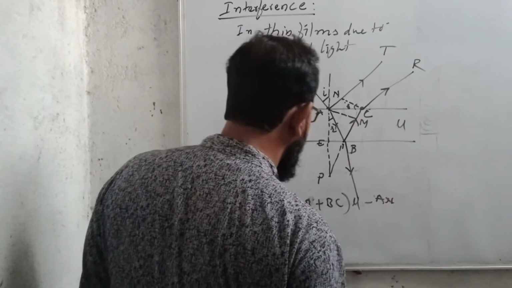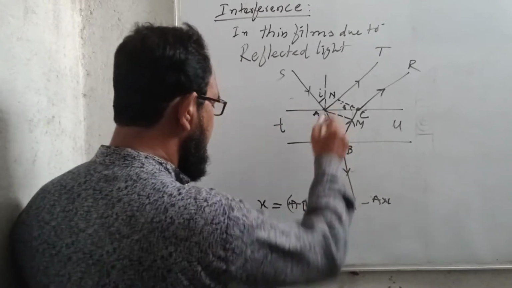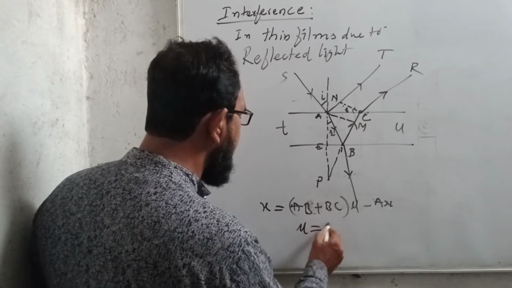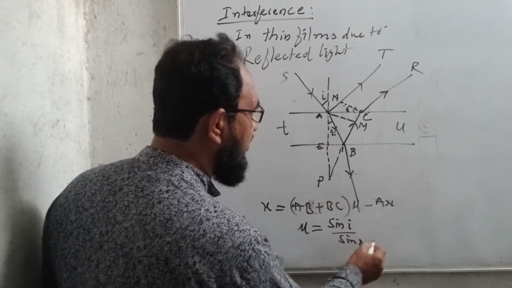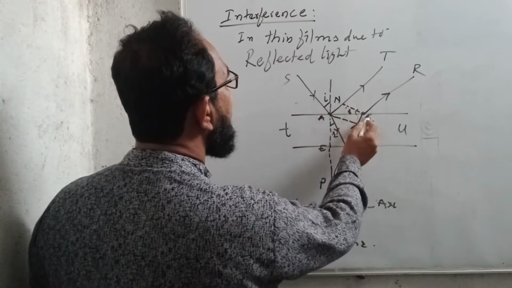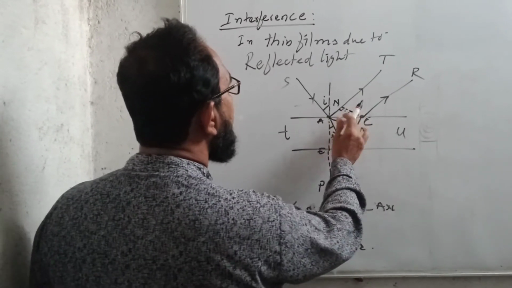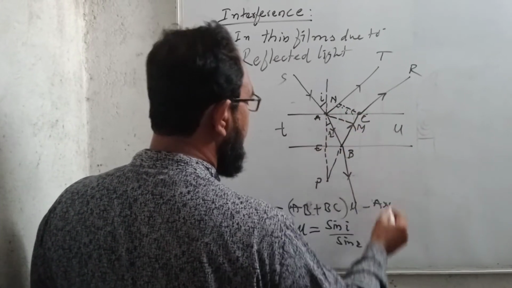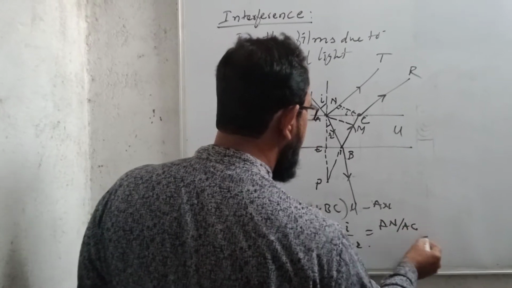So I will find the value of AN here. To find the value of AN, I will use the formula, refractive index is equal to sin i by sin r, Snell's law. In triangle ANC, this angle is 90 degrees and this angle is i, so AN upon AC is sin i.